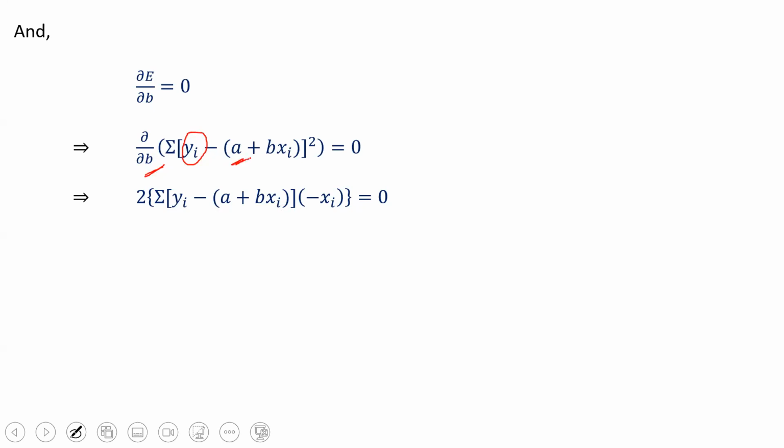The derivative of a with respect to b is 0. And the partial derivative of bxi with respect to b should be xi. Since there is a minus sign, we use minus xi over here.